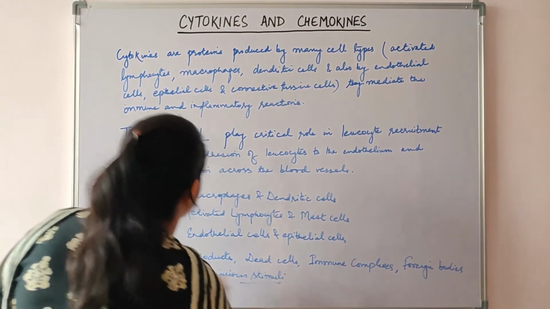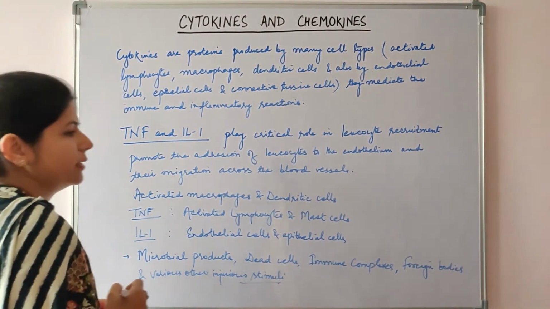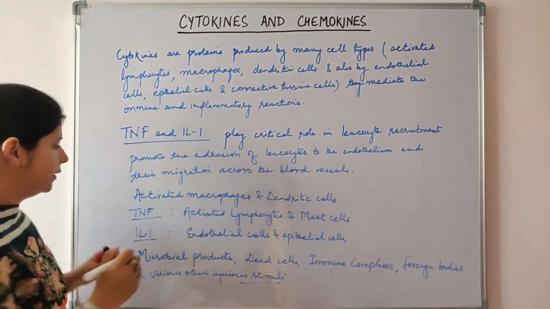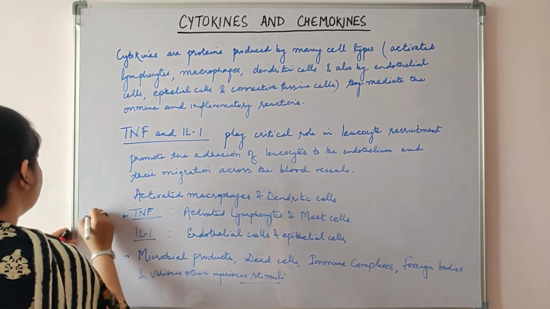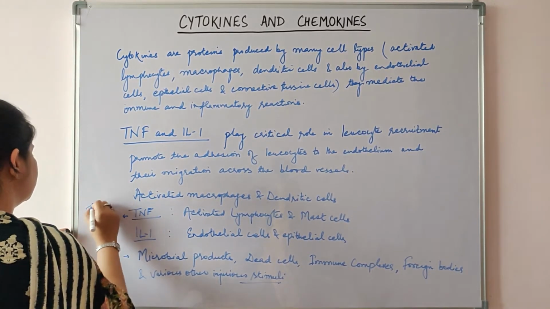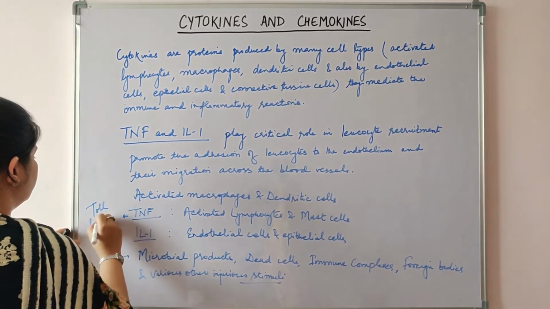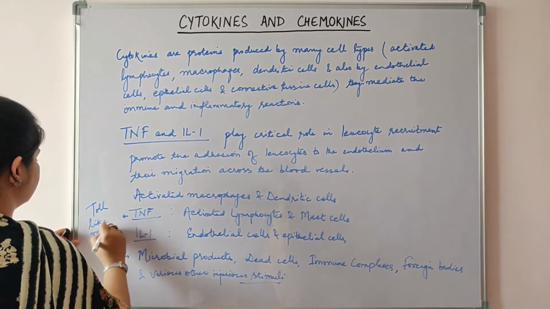They lead to release of tumor necrosis factor and interleukin 1. Now the release of tumor necrosis factor occurs through the stimulation of the toll-like receptors.